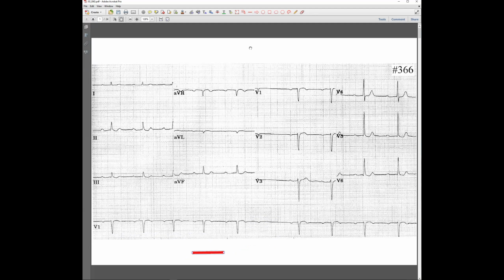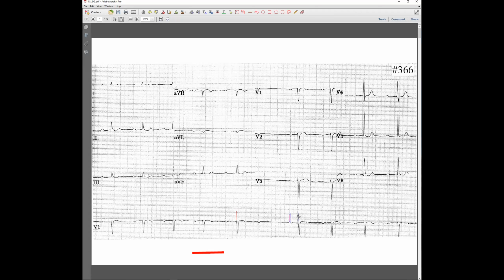What we have to do, first of all, is compare the last conducted PR, which is this one. This is the last conducted PR, and you should compare it to the first conducted PR, and this is the first conducted PR.